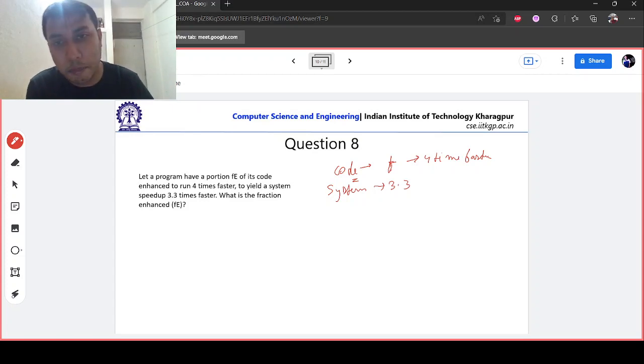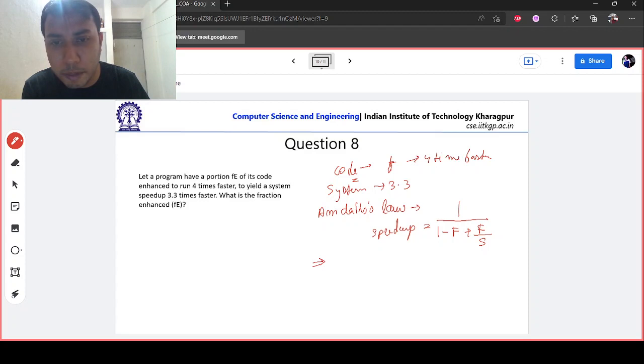Again, we will apply the same Amdahl's law, which gives speedup equals 1 divided by (1 minus f) plus f by s. In this case, the overall system speedup is 3.3, it is given.